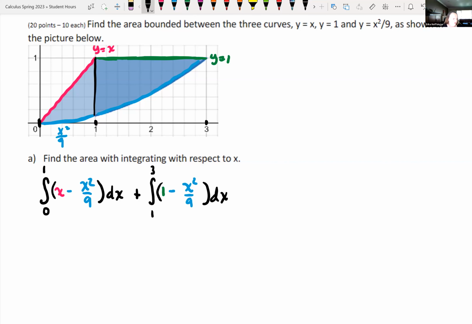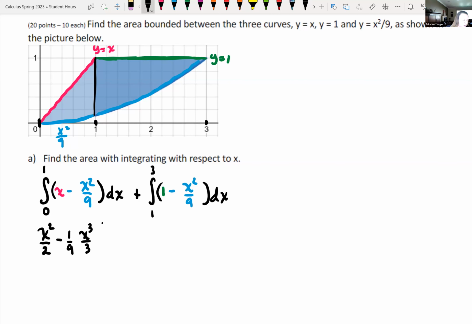Okay, so we're going to take the antiderivative of each piece. Taking the antiderivative of x, we add 1 to the exponent, so that gives us x squared, dividing by our new exponent of 2. Minus, taking the antiderivative of x squared, I'm going to pull the 1/9 out here. The antiderivative of x squared is x cubed over 3.